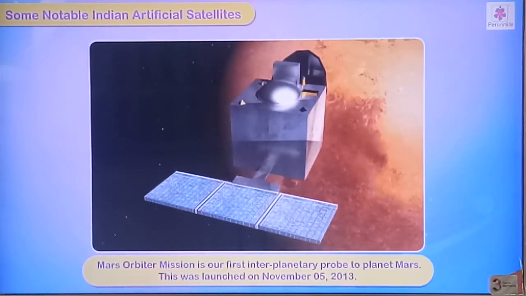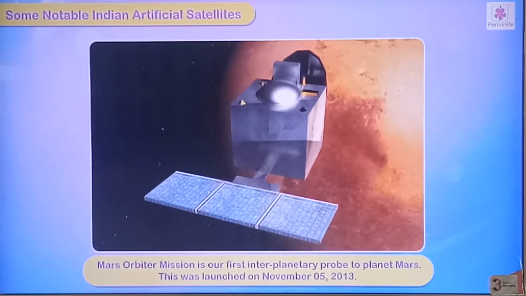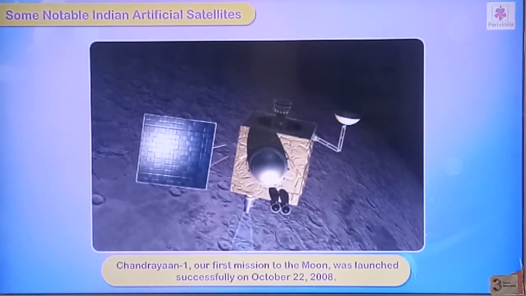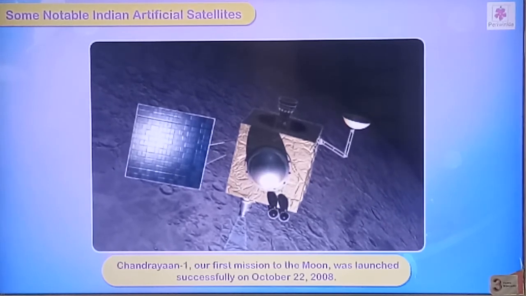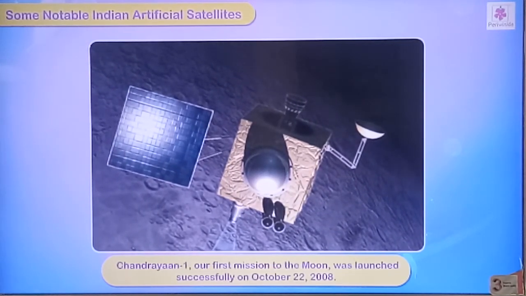Mars Orbiter Mission is our first interplanetary probe to planet Mars. This was launched on November 5, 2013. And Chandrayaan-1, our first mission to the moon, was launched successfully on October 22, 2008.